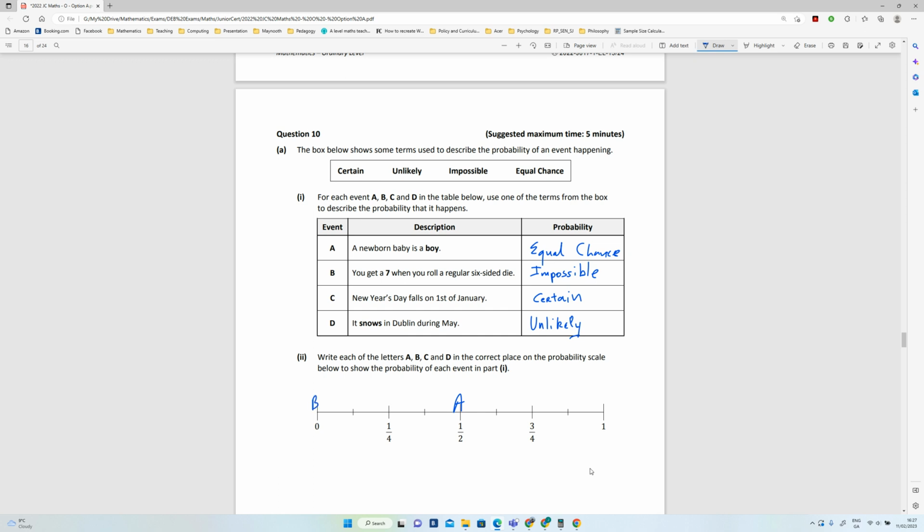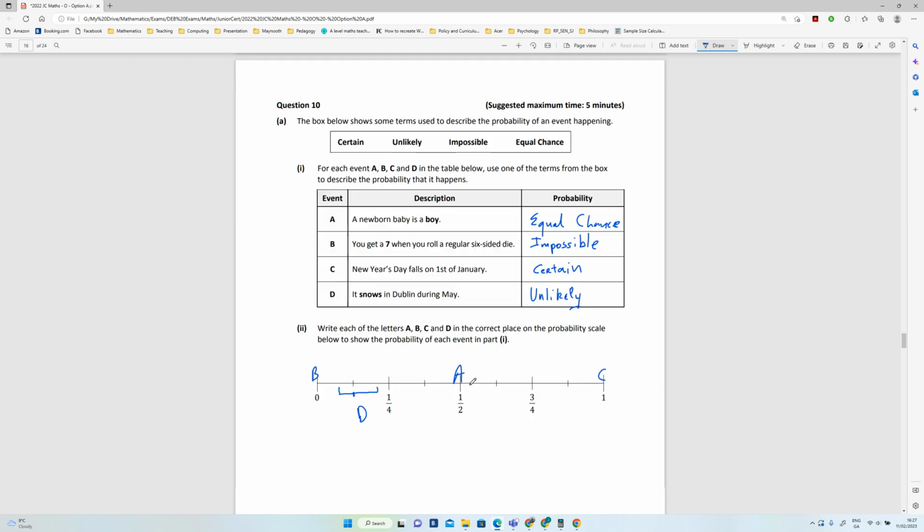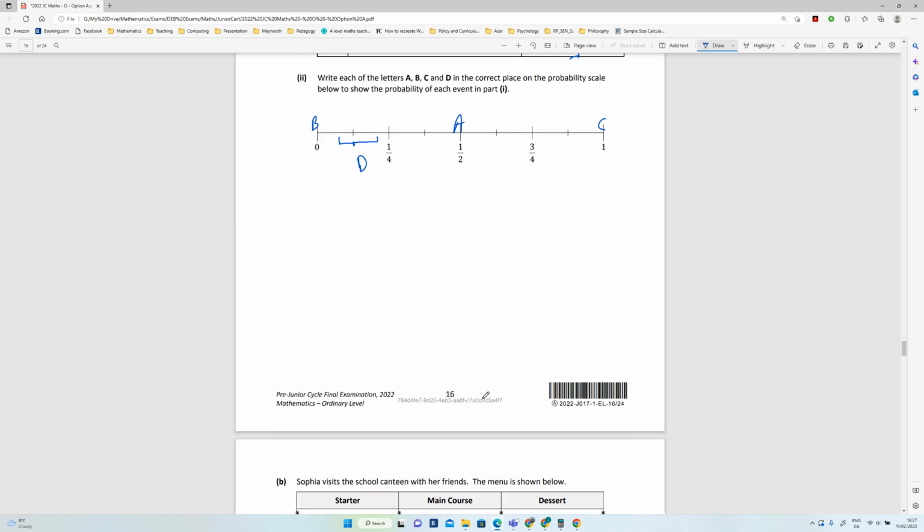C is certain, so C is 1 or 100%, and D is unlikely. So it's somewhere in here. It's probably like 25% likely or even less. So I'd probably put it here, around here somewhere. Okay. That's the answer for that part.